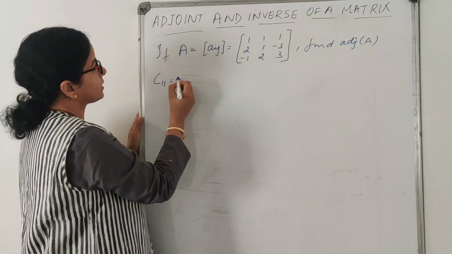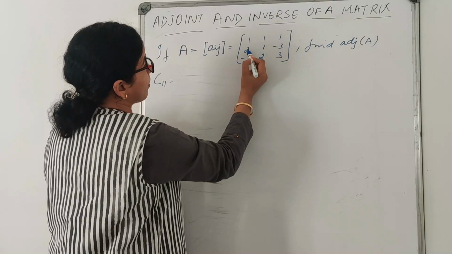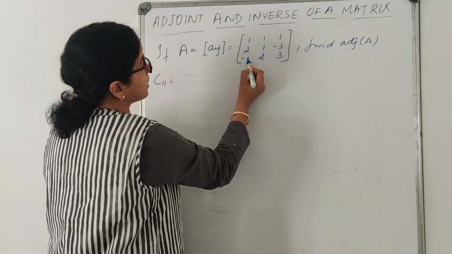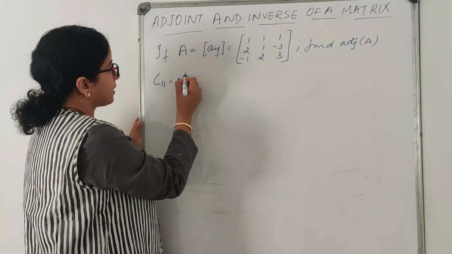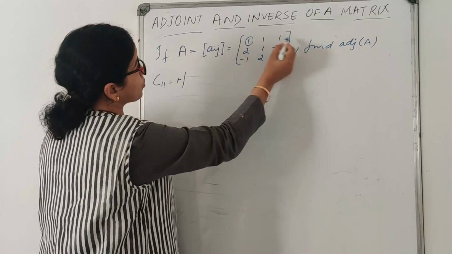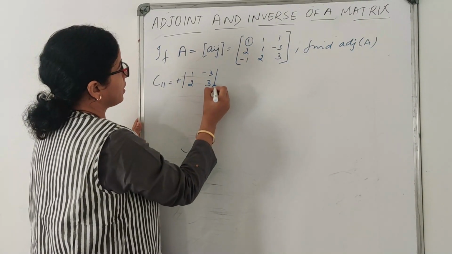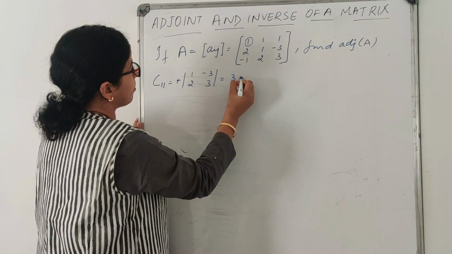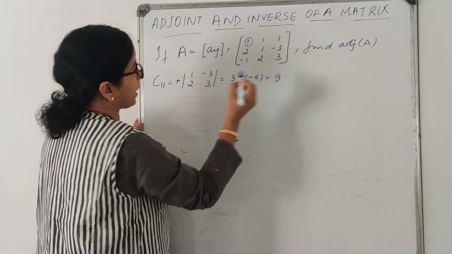So first we have to find the cofactors. C11: the signs are plus, minus, plus, minus, plus, minus, plus, minus, plus. First a positive sign will come. Leave the corresponding row and column of this element: 1, 2, minus 3, 3, which is equal to 3 minus minus 6, which is equal to 9.